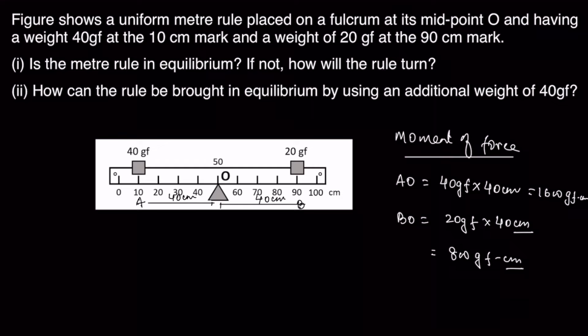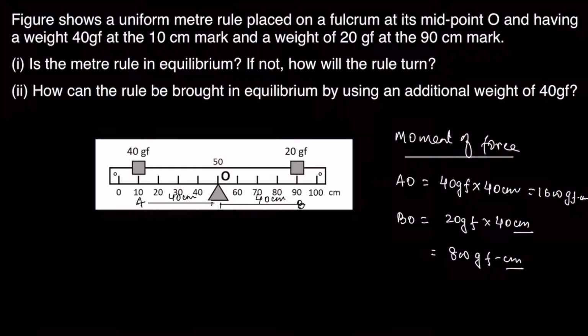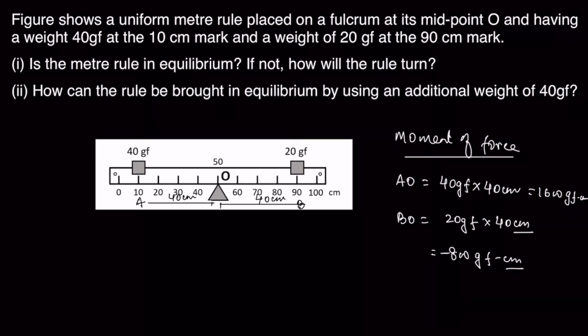Direction: if we check, the 40 gf will form anti-clockwise and the 20 gf will form clockwise. So this is negative and this is positive. So here OB will be negative. It means that the net moment of force is not equal to 0, so it is not in equilibrium. In the first part, we can say that no, it is not in equilibrium.